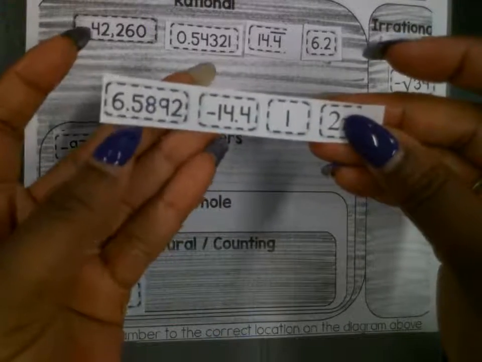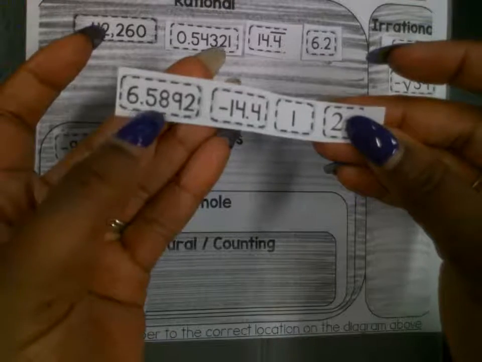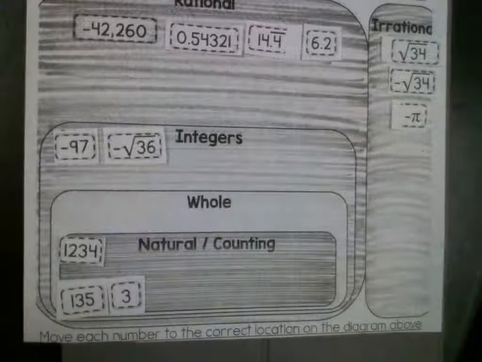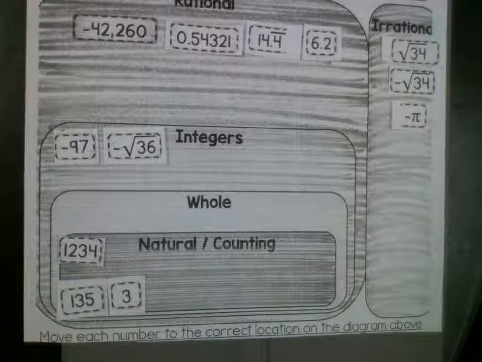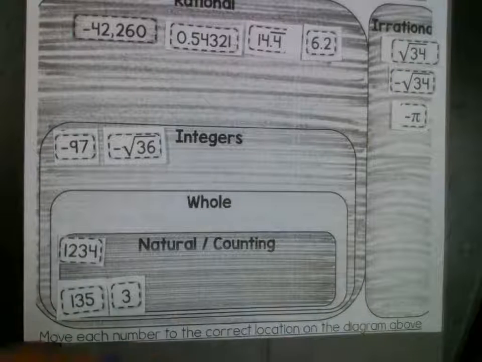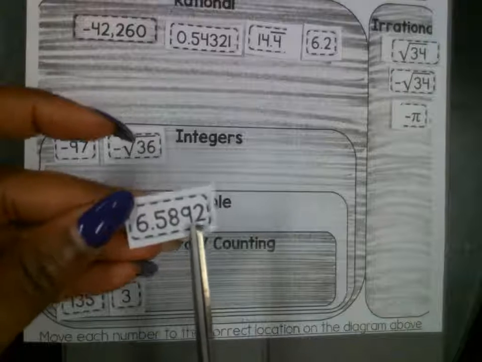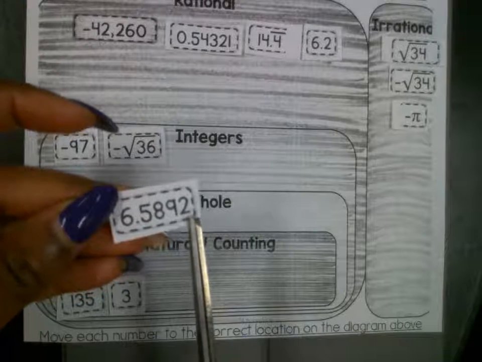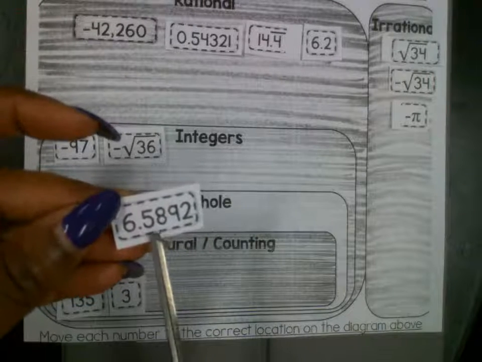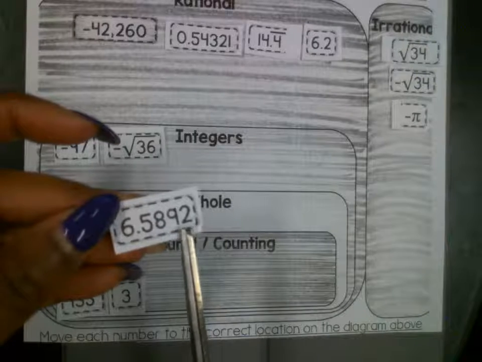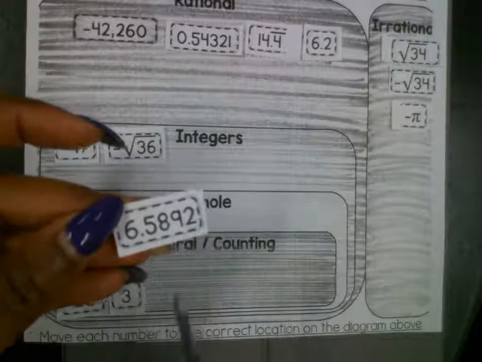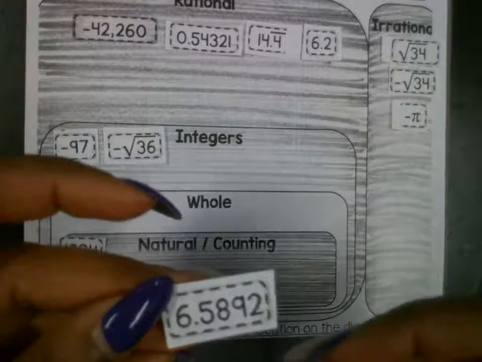Okay, the next number we're going to cut out is this 6.5892. And remember, this is the 10th place, the 100th place, the 1000th place, the 10,000th place. So this is 5,892 10,000ths. That's how you say that number technically.